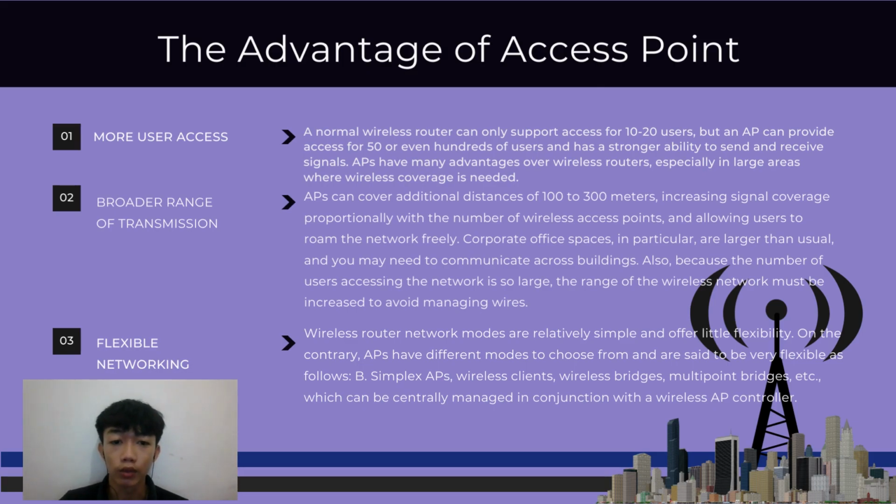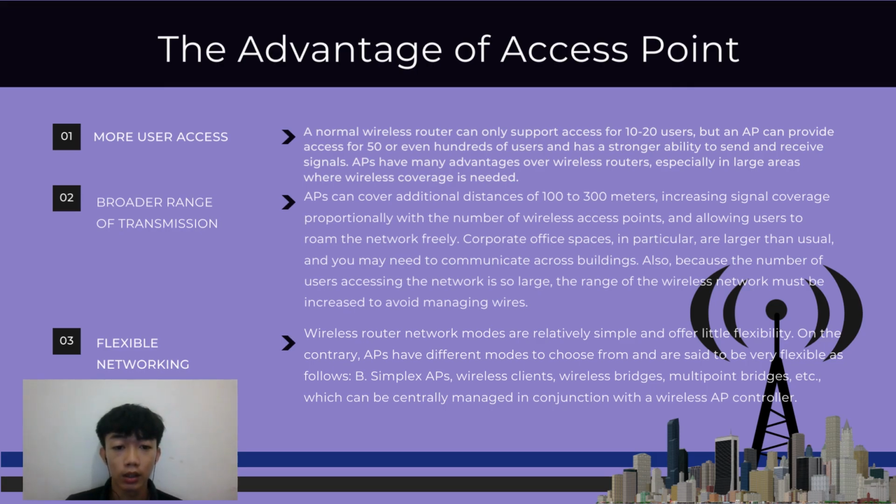APs have many advantages over wireless routers, especially in large areas where wireless coverage is needed. The second one is a broader range of transmission. APs can cover an additional distance of 100 to 300 meters, increasing signal coverage in proportion to the number of wireless access points and allowing users to roam the network freely.